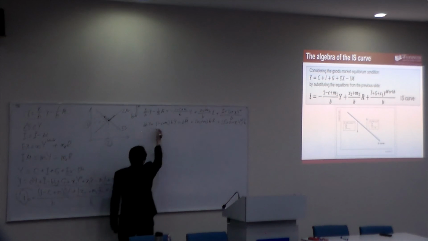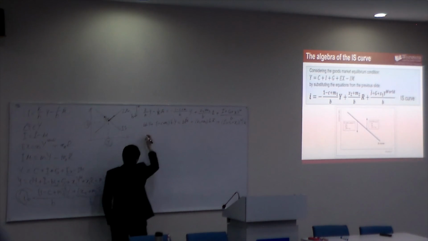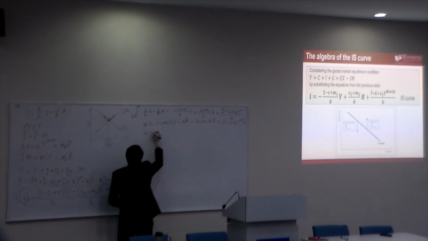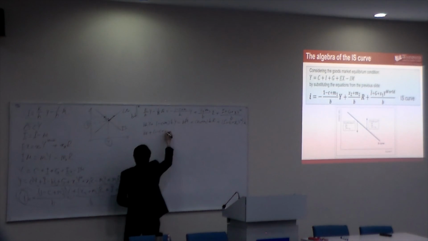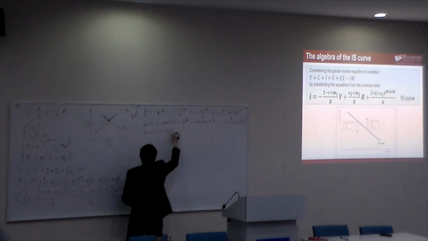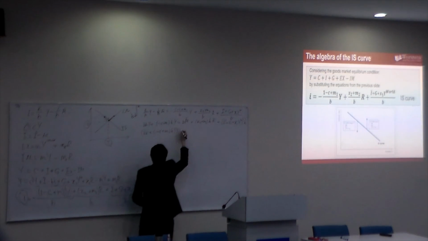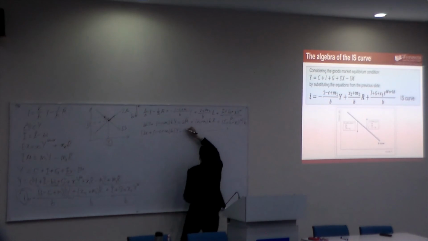And from there, if you take this Y out and divide both sides by the factor that multiplies it, which is BK plus 1 minus C plus M1 times H, then Y is equal to this.